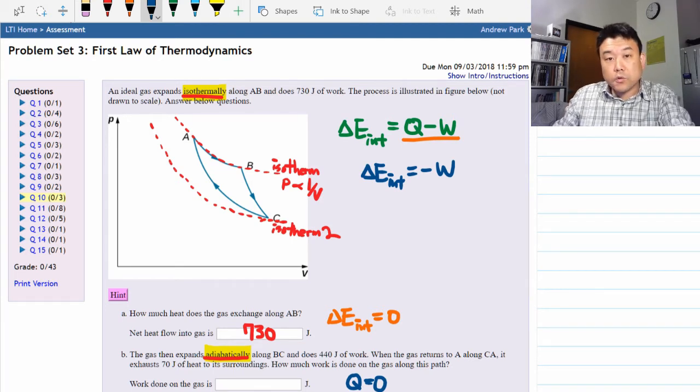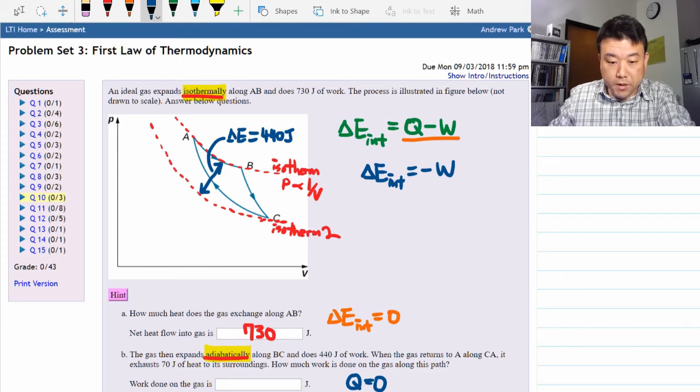What we can quickly figure out from the information given in part B is that these two isotherms correspond to two sets of states that have an energy difference of 440 joules, which is the amount of work done as the gas goes from point B to C.